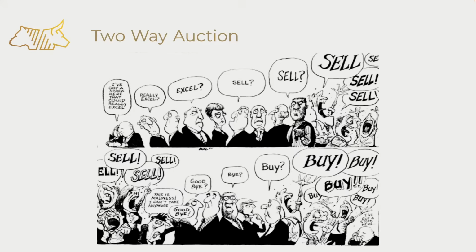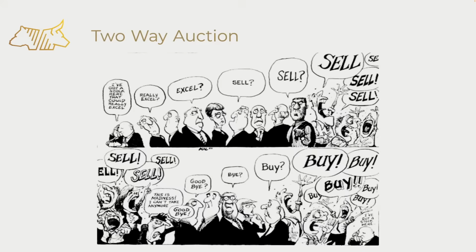With this kind of understanding of a one-way auction, now let's go back to the two-way auction process. Before the markets traded primarily electronically, traders and market makers would gather on the exchange floor, otherwise known as the pit, and trade in a two-way auction known as open outcry.